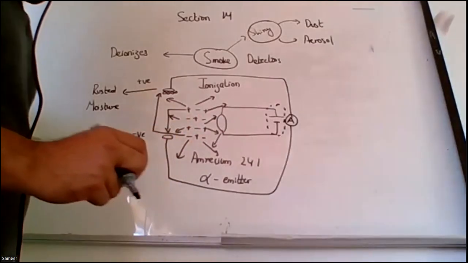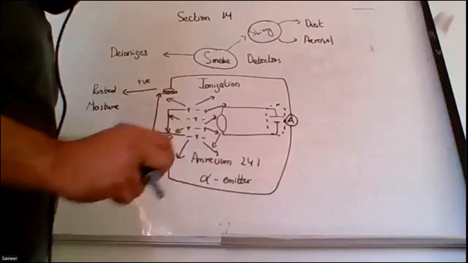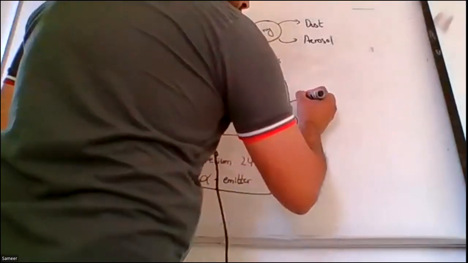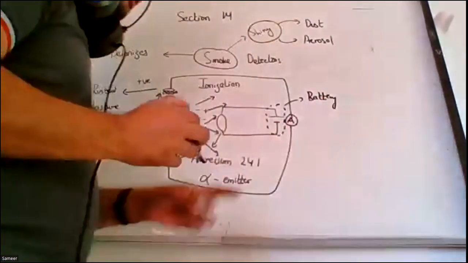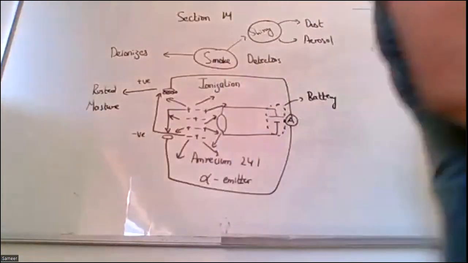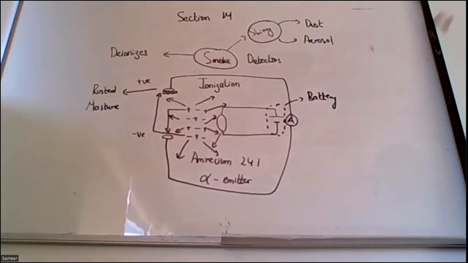Ions are not generated, so no electric current. That can also result in a false alarm. So there are various reasons. The false alarm ratio is very high in smoke detectors, specifically in video based and ionization detectors.